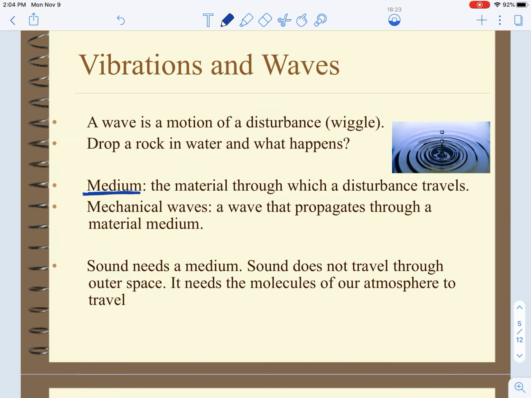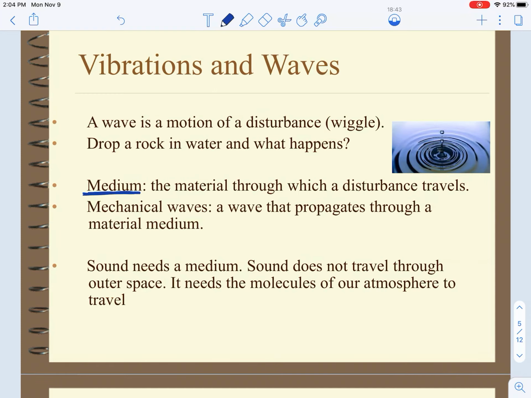So here we have another vocabulary word. Medium is a vocabulary word that refers to the material through which a disturbance travels. So as we continue to talk about waves moving forward, we're going to talk about waves that require a medium and waves that do not.